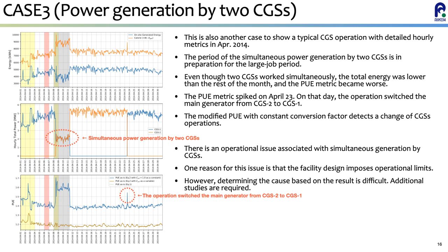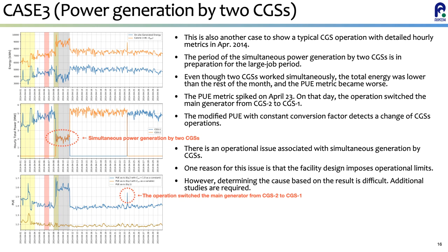According to the operation logs, this month includes a large job period that began between April 8 and April 9. Unfortunately, time information of those event data is missing. Thus, we use those records as full-day events.